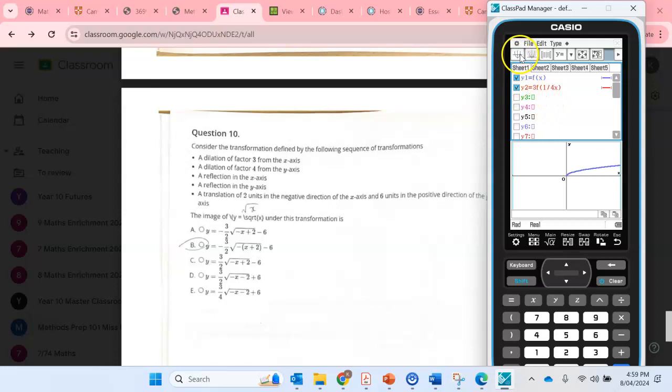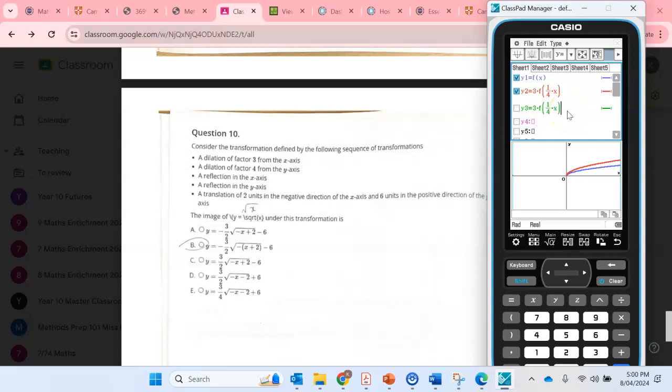Okay, so that's just our dilation there. All right, so there's our dilation. So I'm going to put this back into our calculator screen when we're done at the end.